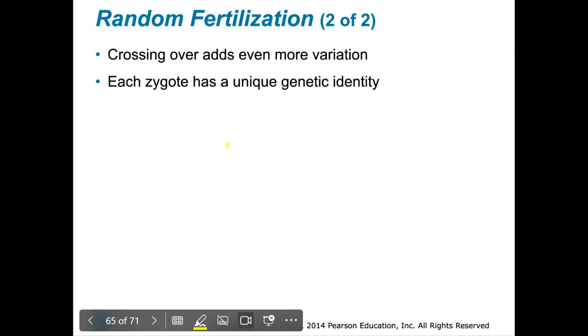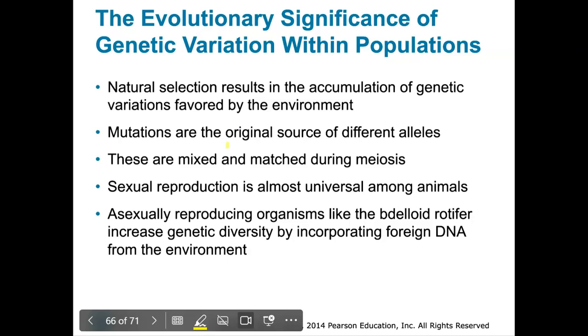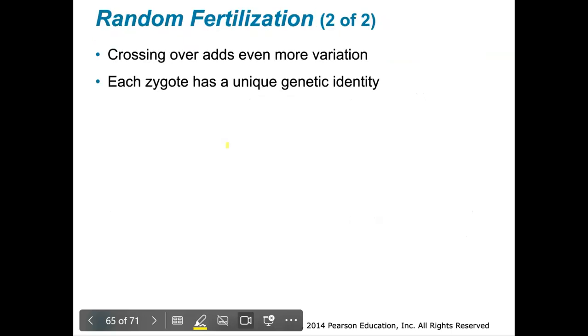So every zygote has a unique genetic identity because of mutations in the DNA, because of crossing over in prophase 1, independent assortment in metaphase 1, and the random fertilization. It's random which sperm fertilizes which egg. So all of that results in a huge amount of genetic diversity.